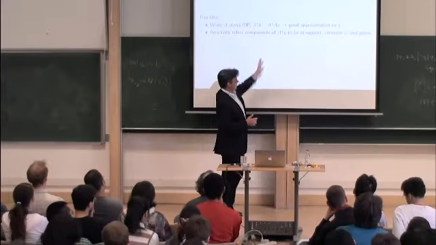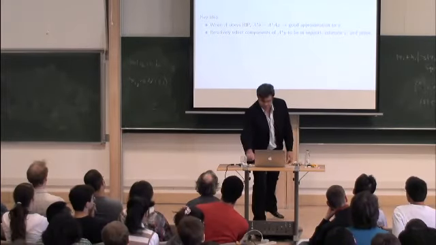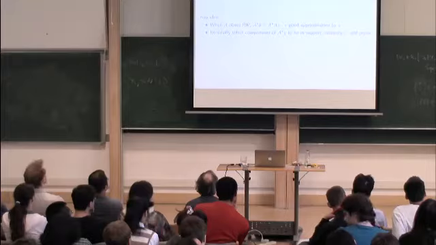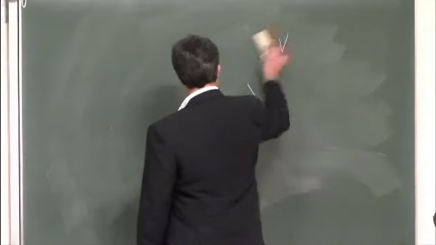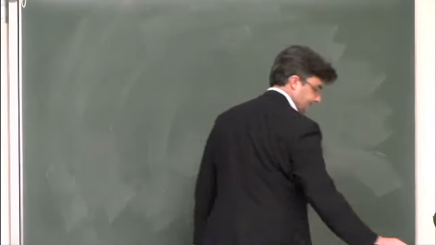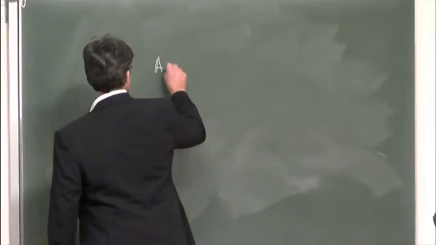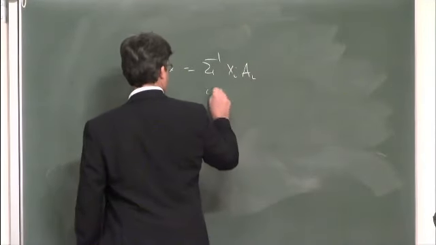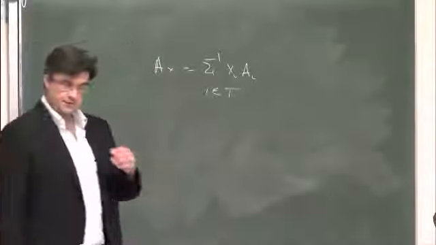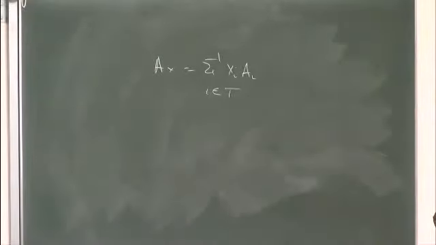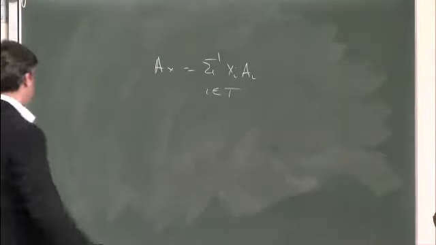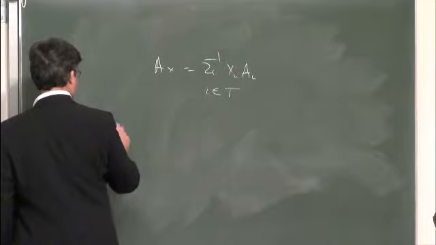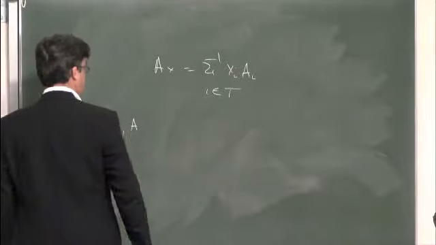Okay, so, well, because what is A star AX, right? So AX is going to be the sum of xi ai, so it's the sum over a sparse set T. Okay, that's AX. And A star AX, so what is the jth component of A star AX?